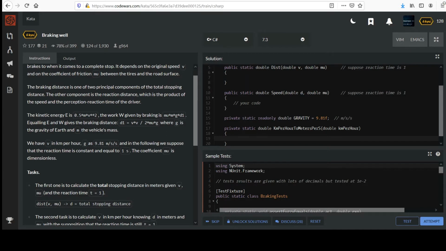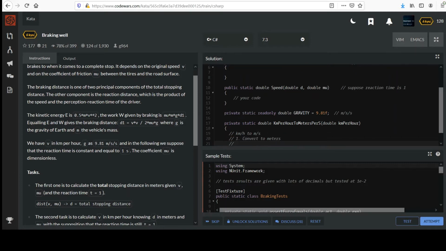So we want to go from km per hour to meters per second. Let's see, let's go to meters first, right? Convert to meters. And for this, we can say meters per hour would be equal to the kilometers per hour.